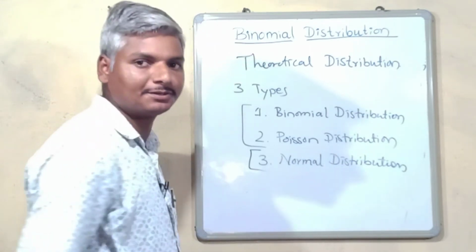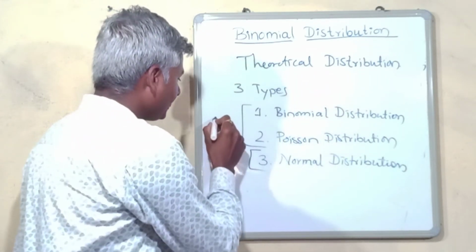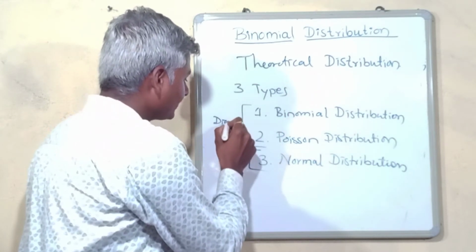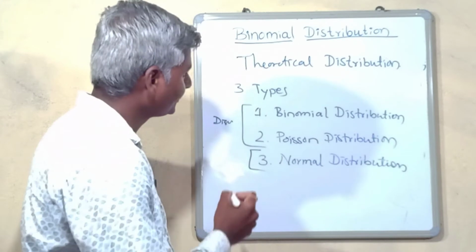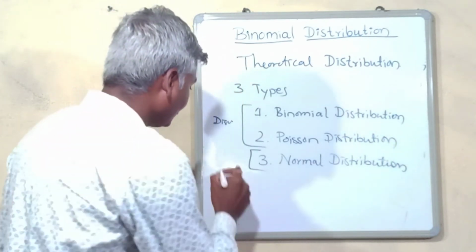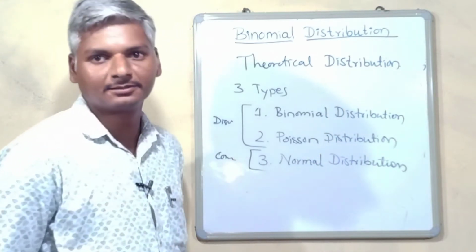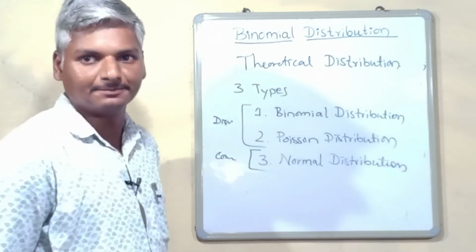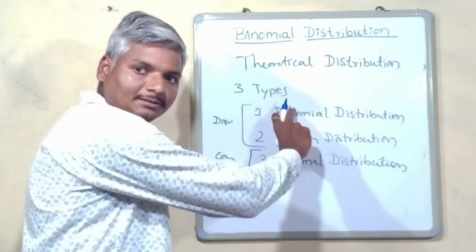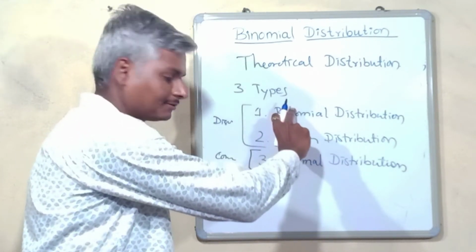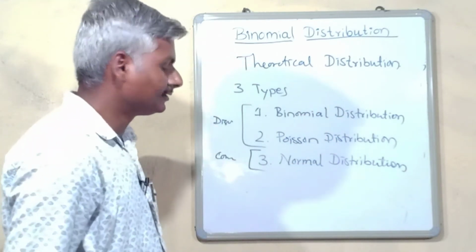So binomial and Poisson distributions are discrete theoretical distributions, and normal distribution is a continuous random variable or continuous distribution.